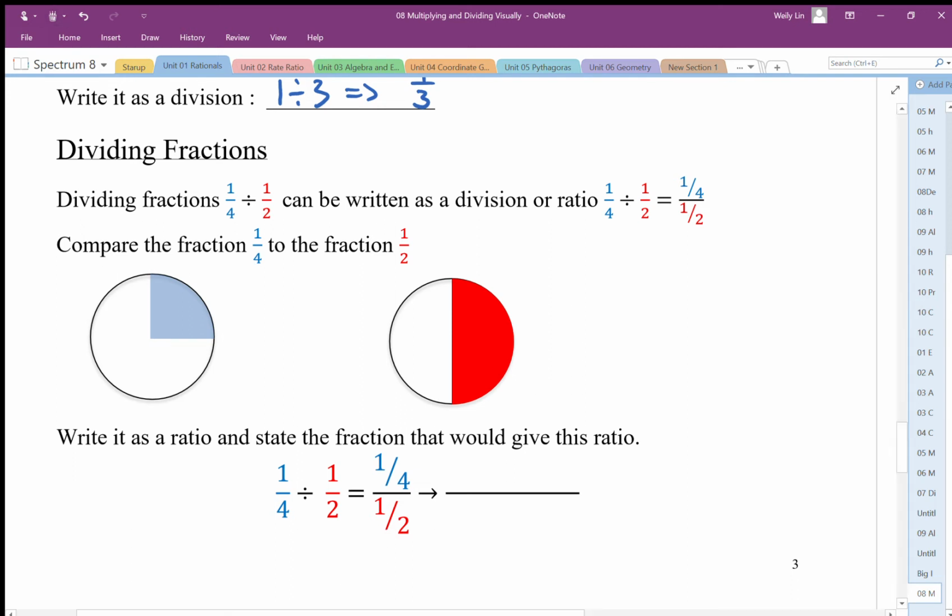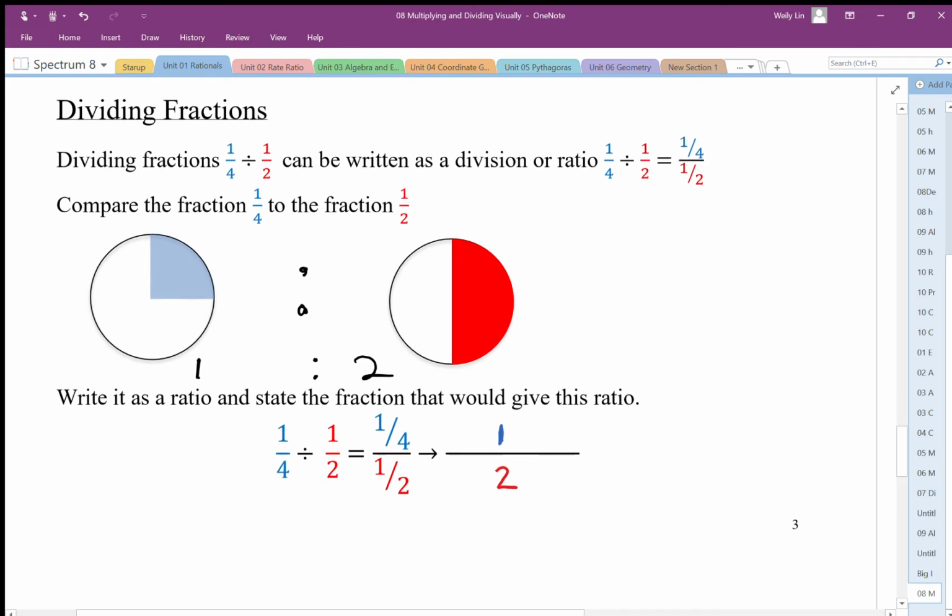Well, this is 1 part to 2 parts. So if this is 1 part to 2 parts, we know that 1/4 compared to 1/2 is going to be 1 part compared to 2 parts. So the answer is going to be 1/2. So 1/4 divided by 1/2 is 1/2.